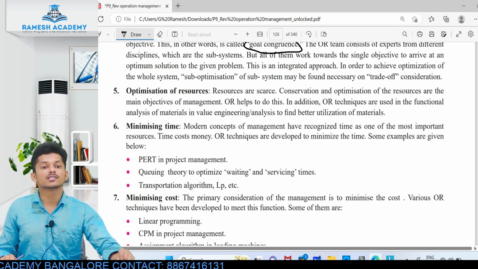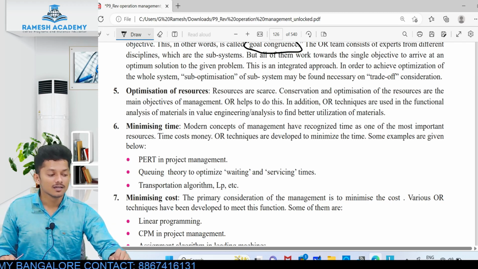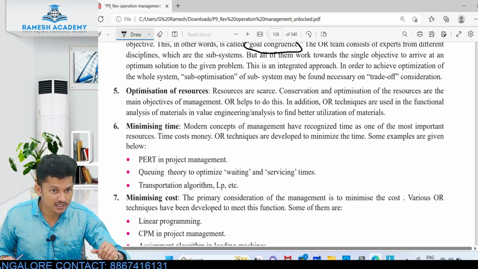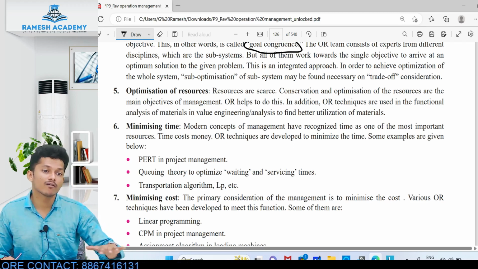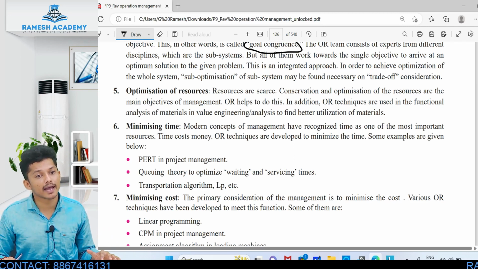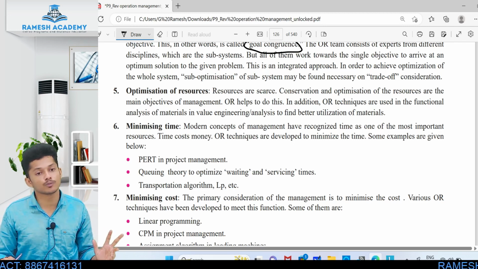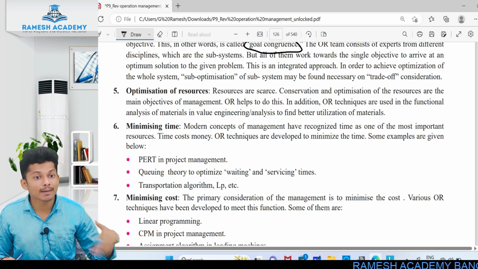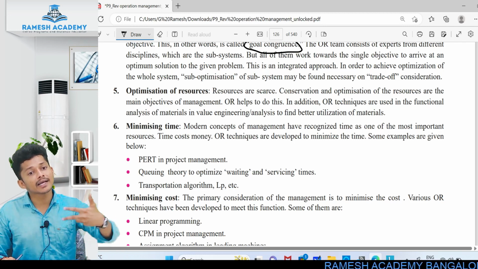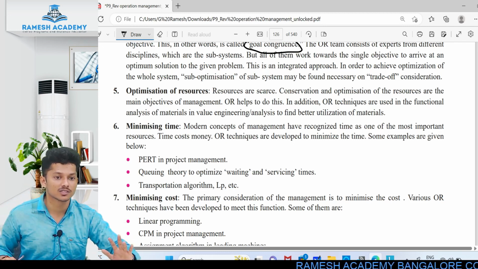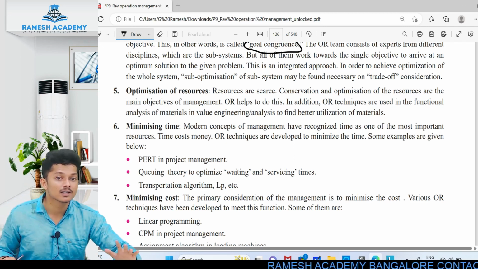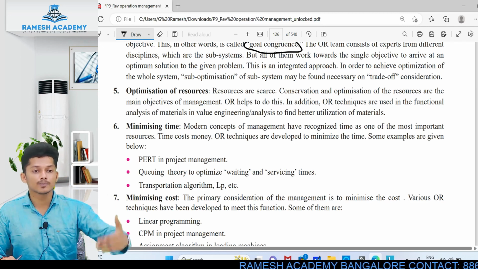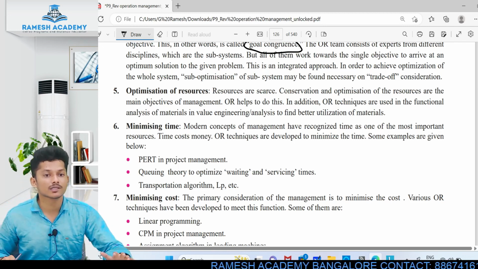Okay, next, minimizing time. See, suppose the chapter I am teaching you, when I was teaching this subject 2 years back, it was taking so much time for me because I was new to this subject. Okay, and now when I am teaching you, I am experienced. Now I am taking less time to complete the portions, because on experience basis I know these topics.